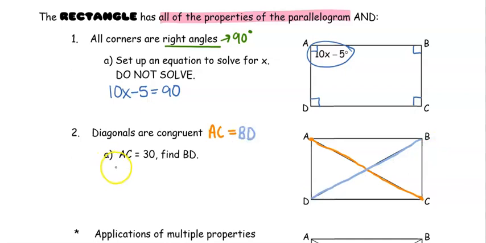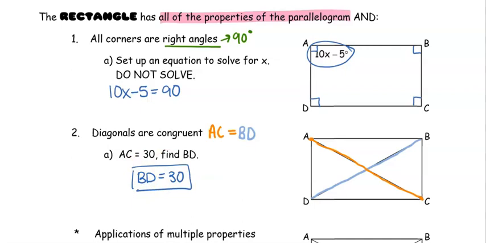So if I look at my given information, AC is 30, find BD. Well, if AC is 30 and AC and BD are congruent, that means BD is also going to be 30.